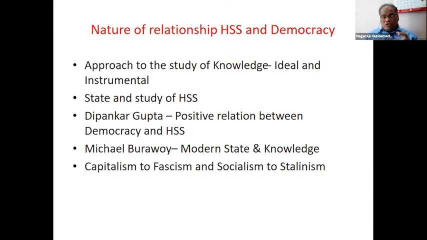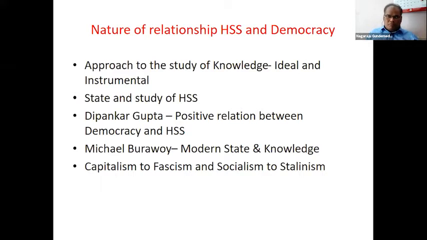This is where, friends, as all of you know, each modern state is known for promoting one type of knowledge system. You will be surprised to know that it is the highly educated people of Germany during the time of Hitler who were primarily responsible for the killing of millions of people.